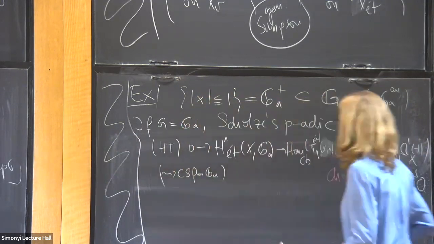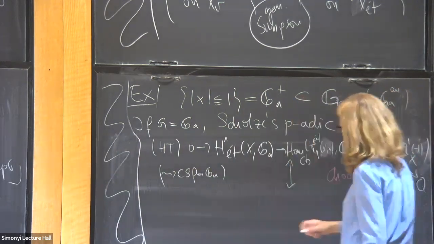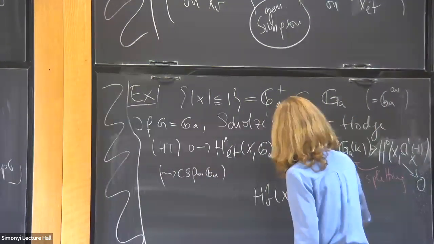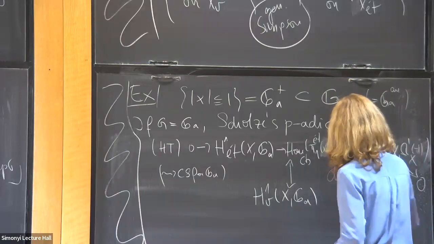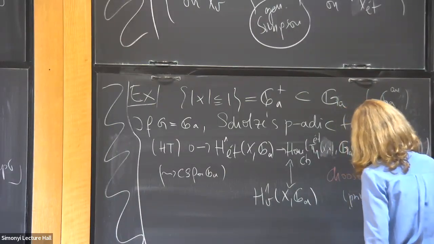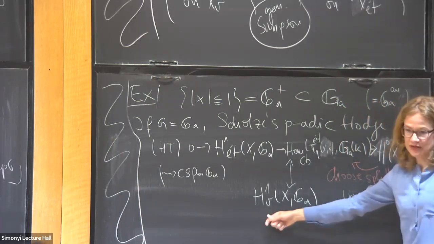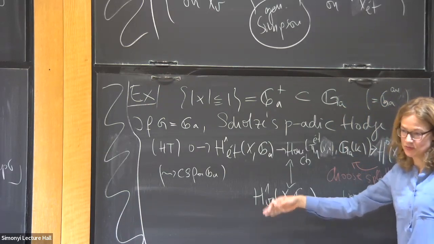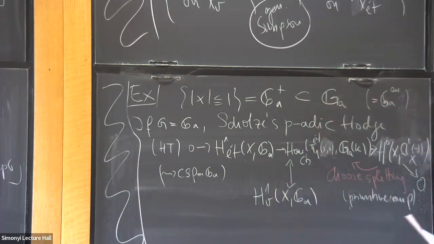And you can go on, because this here, by primitive comparison, is just the v-cohomology H^1_v for the group G_a. Maybe it looks more familiar if I write pro-étale; it's the same thing. So it's pro-étale cohomology by primitive comparison, and this is the same as the v-topology.